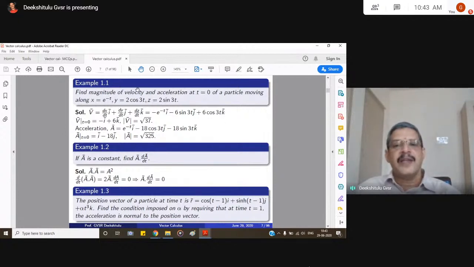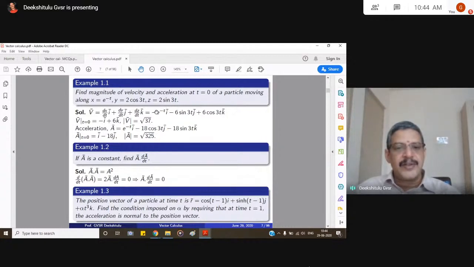Velocity at t equal to 0 is minus i plus 0 j plus 6k. Next, the magnitude of velocity. The magnitude of a1i plus b1j plus c1k is (a1 square plus b1 square plus c1 square) whole power 1 by 2. So 1 plus 36 under root, that is root 37.